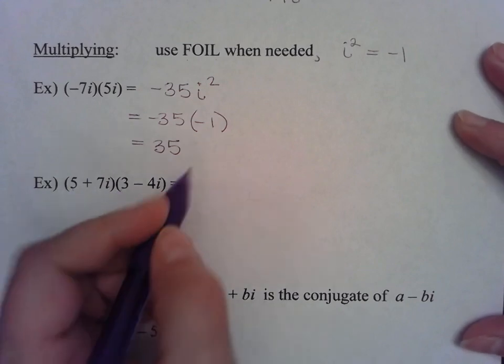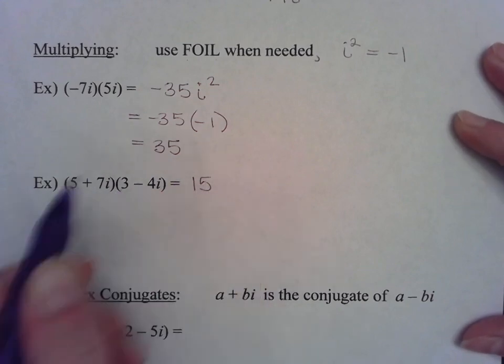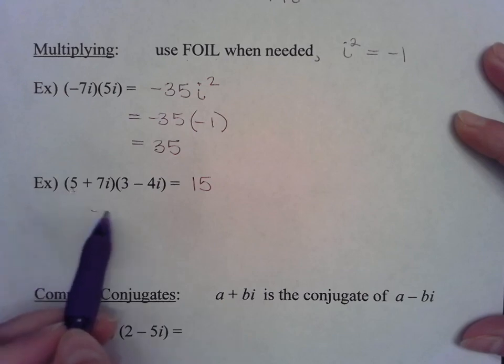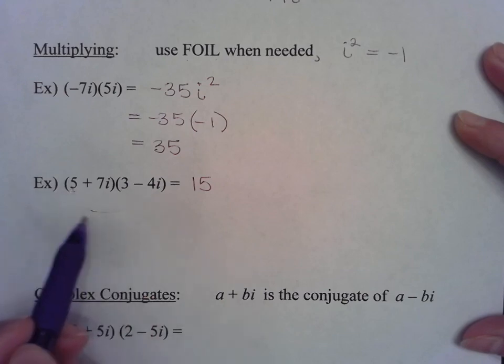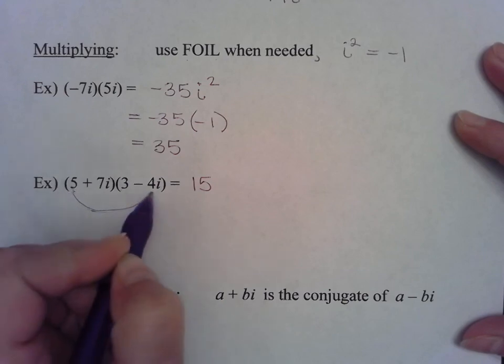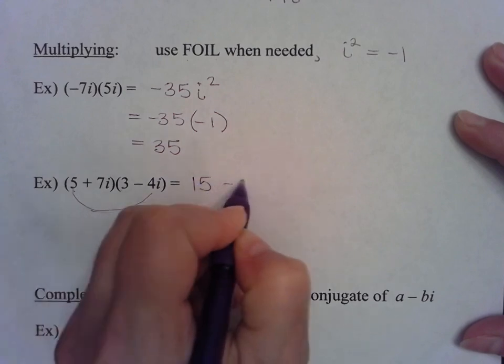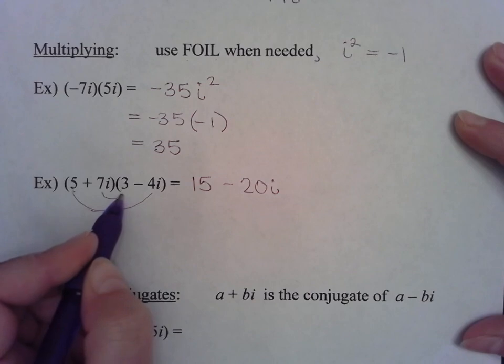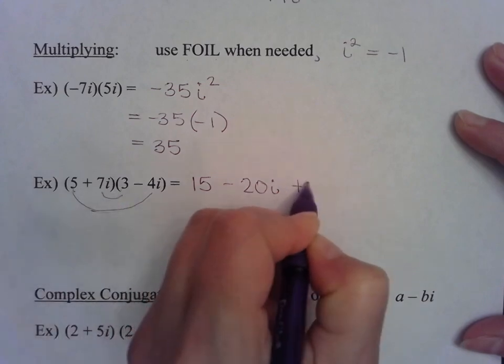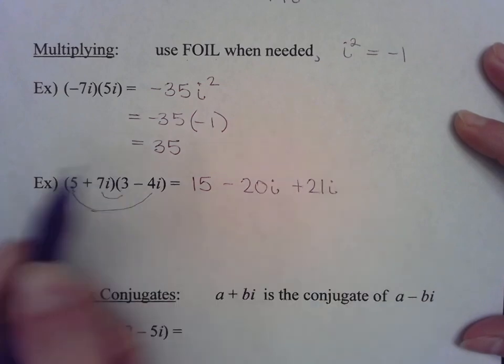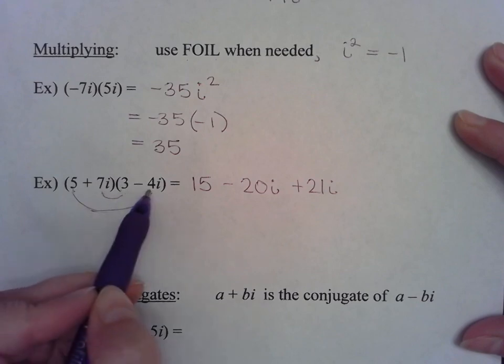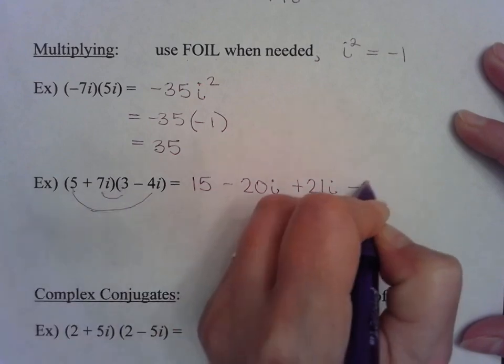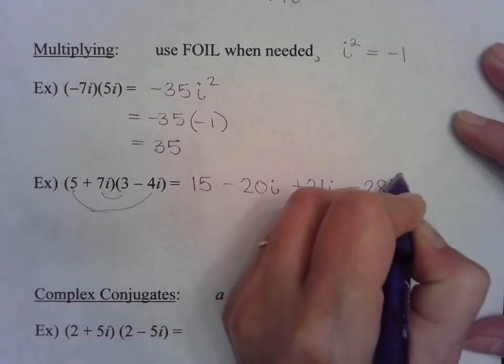First times the first would be 15. On the outside, I have minus 20i. On the inside, I have plus 21i. And then the last times the last would be a minus 28i squared.